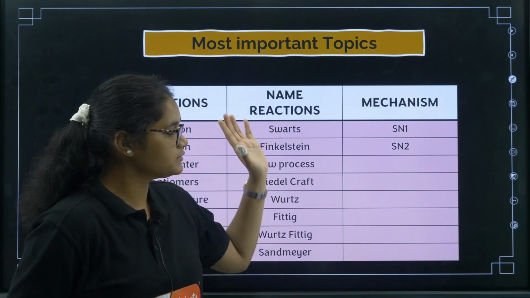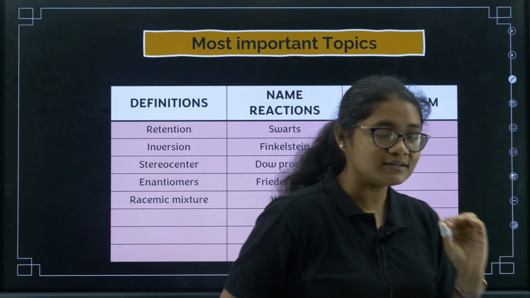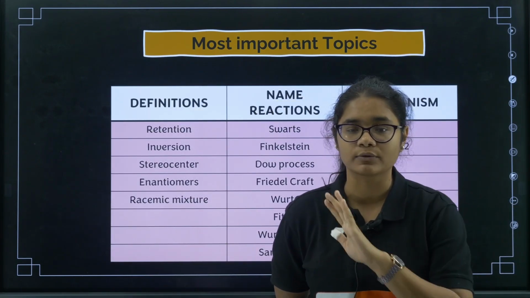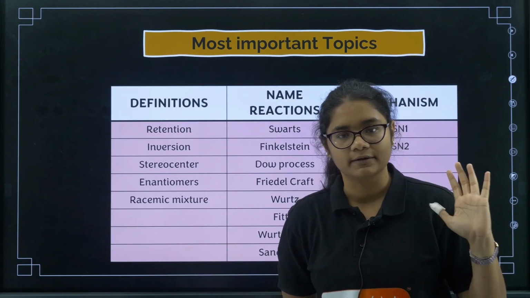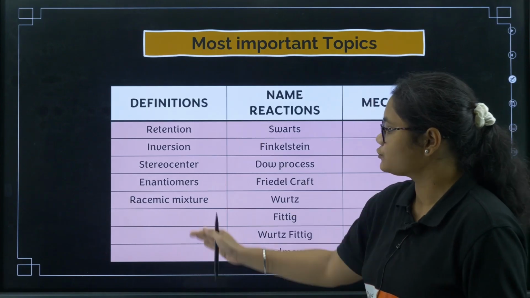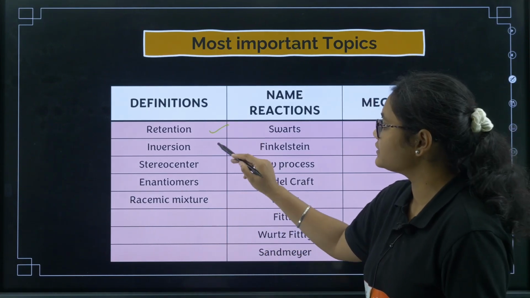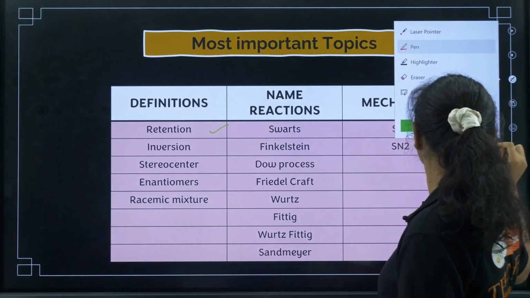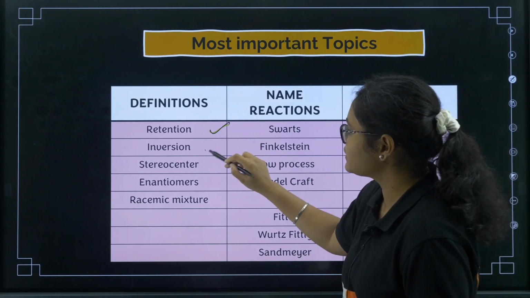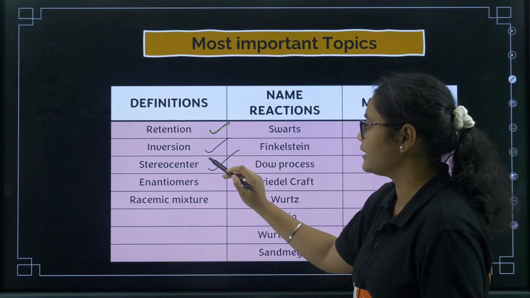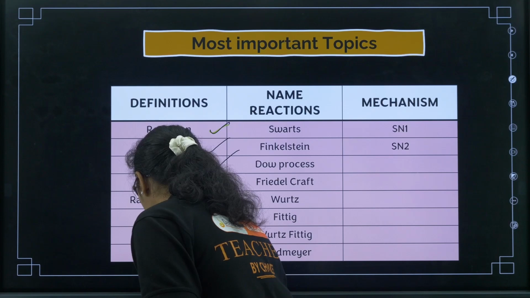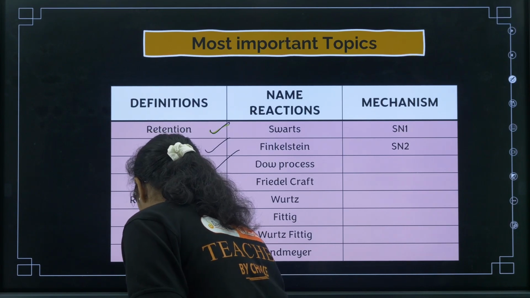And now I want to tell you some important topics that you must do from this particular chapter. Okay, you cannot afford to leave them. So the first thing, definitions, you should remember these definitions. What is retention, what is inversion, what is stereocenter, and here I can add one more thing, that is chiral, asymmetric.